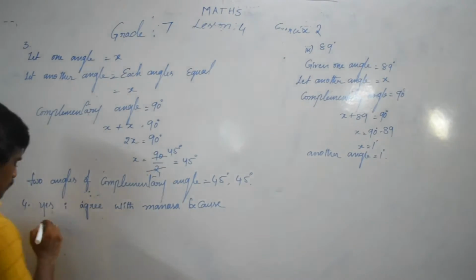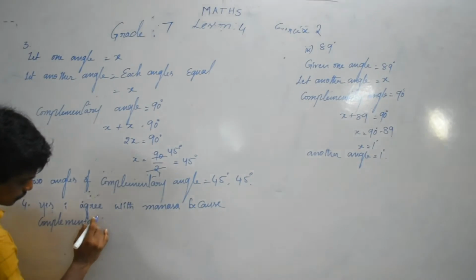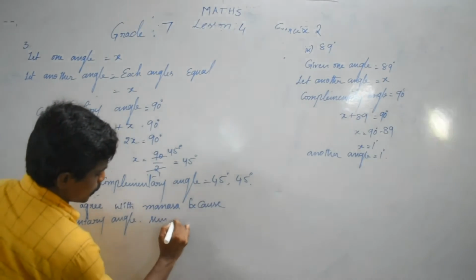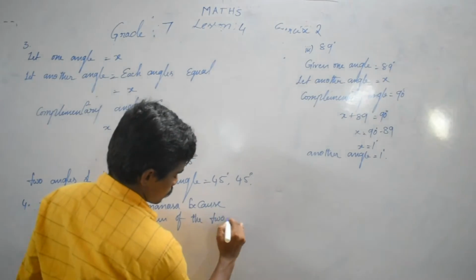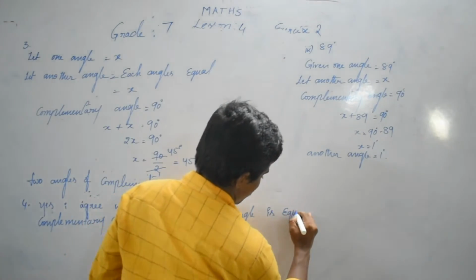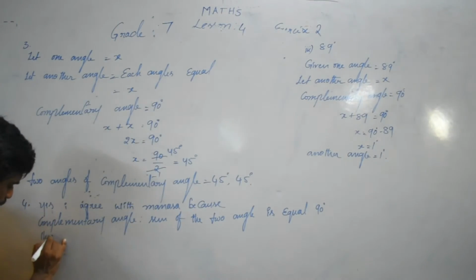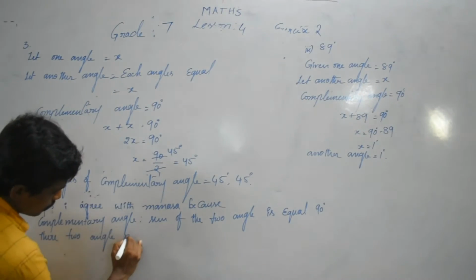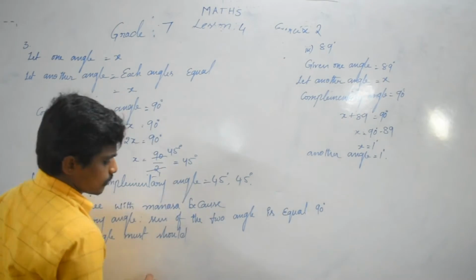Because see, in complementary angles the sum of the two angles is equal to 90 degrees. So these two angles must be below 90 degrees only.